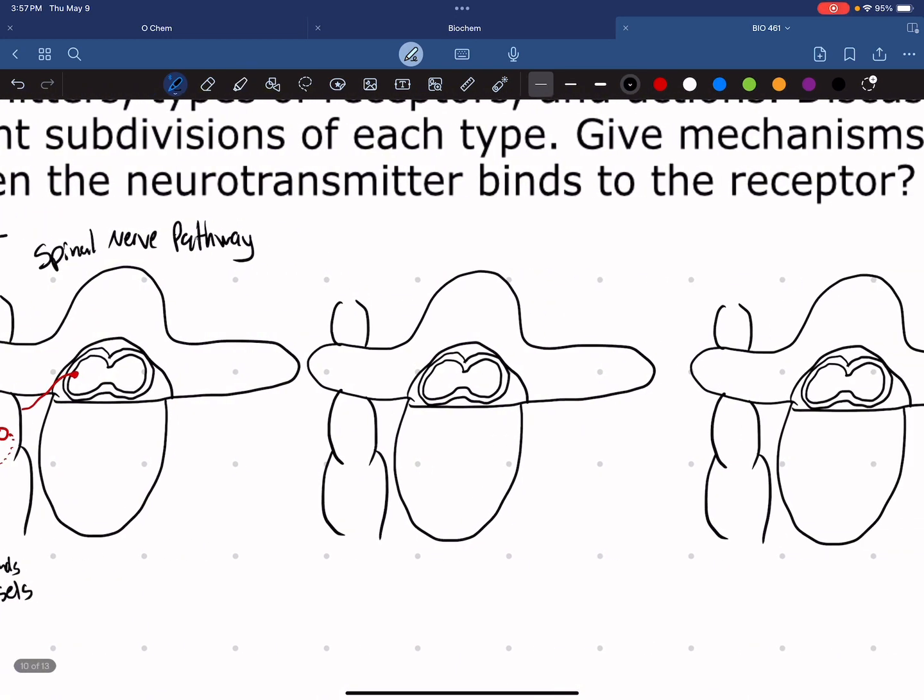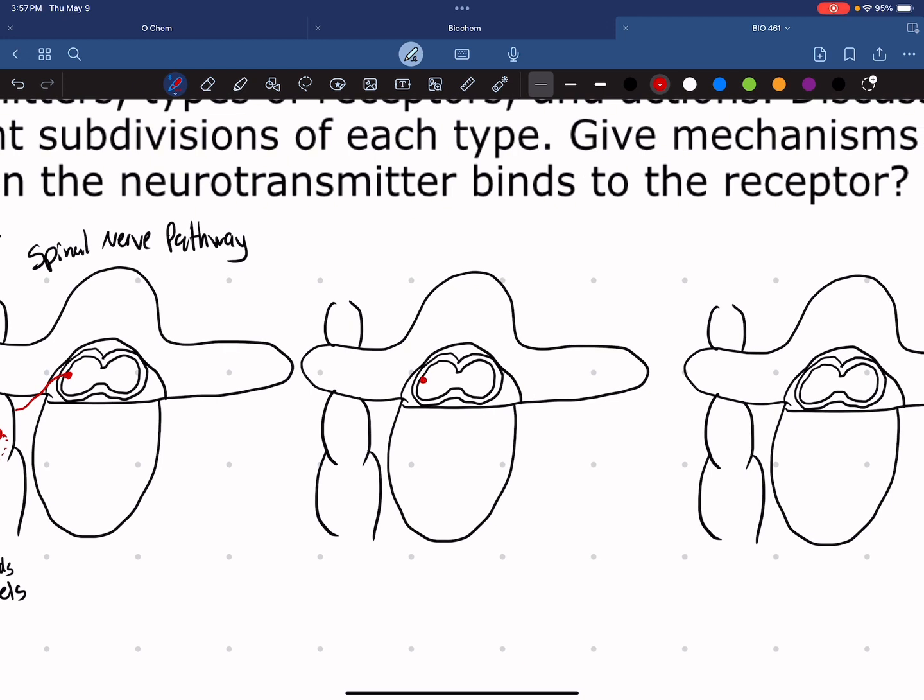Okay, so I'm moving on to the second pathway of the sympathetic nervous system. We will start here again in the lateral horn and come down to the sympathetic chain ganglia here. And it will also synapse here in the ganglia and come down this way.